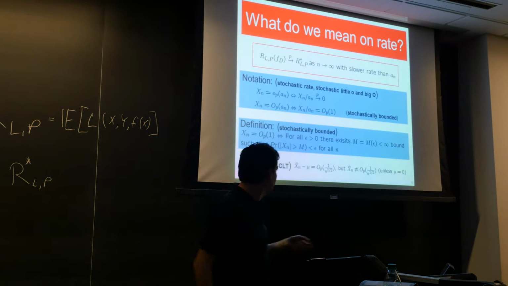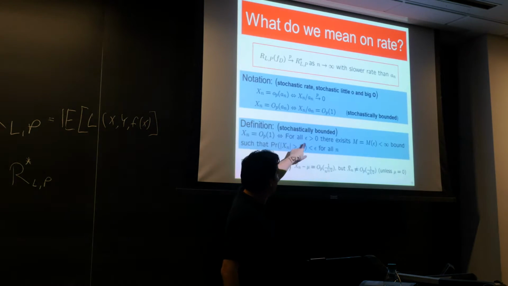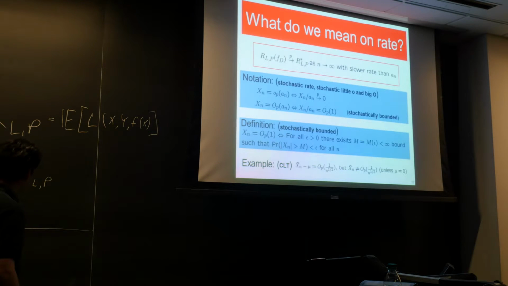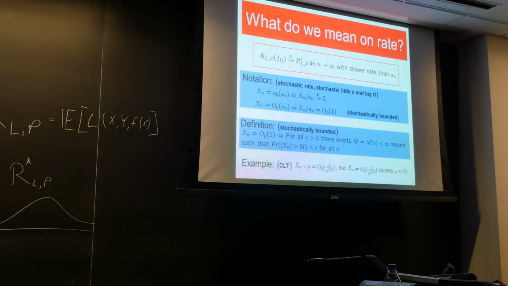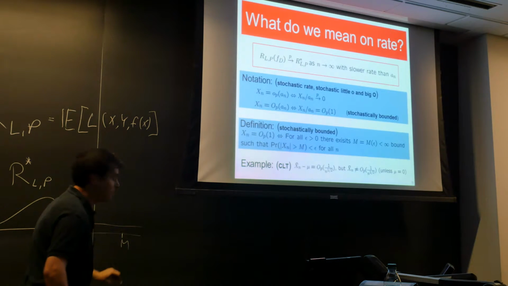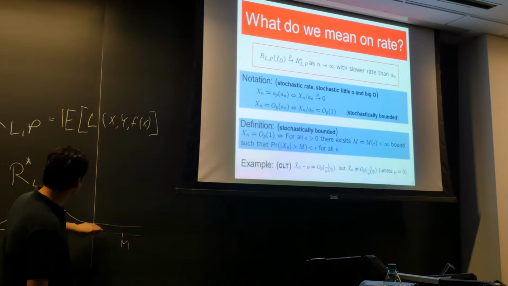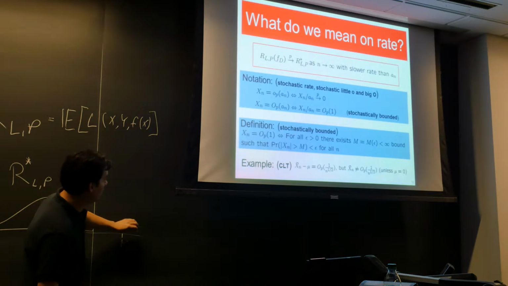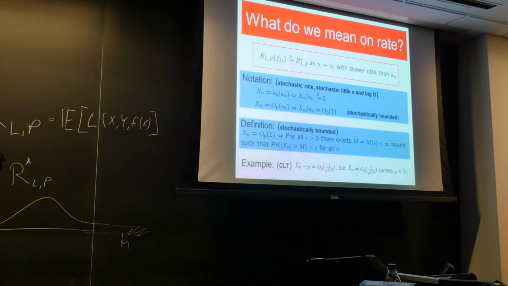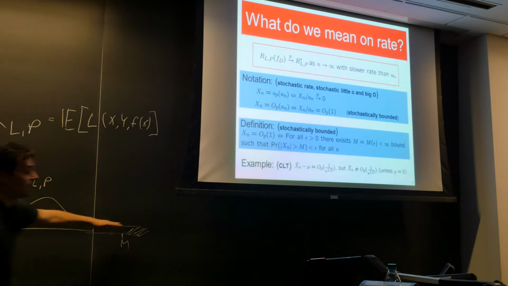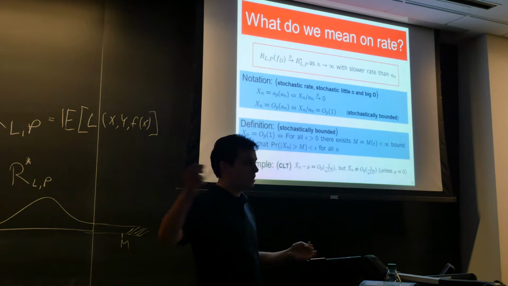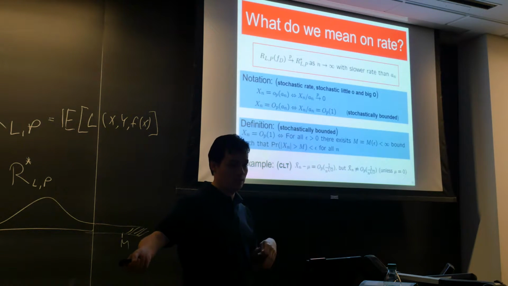But it's stochastically bounded because for any epsilon, I can find a large enough m such that the probability that the Gaussian random variable is bigger than m in absolute value can be small. So the Gaussian distribution is not bounded, but stochastically bounded.